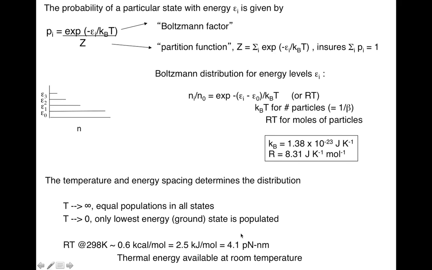Or when we talk about forces, there may be some discussion at the end, it's about 4 piconewton nanometers. These are all just the value of what's called RT, the thermal energy that's available at room temperature. In other words, at that temperature, that's the thermal energy that gives a given distribution of molecules.